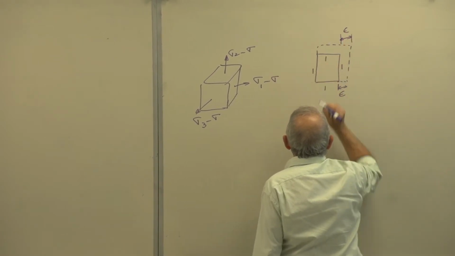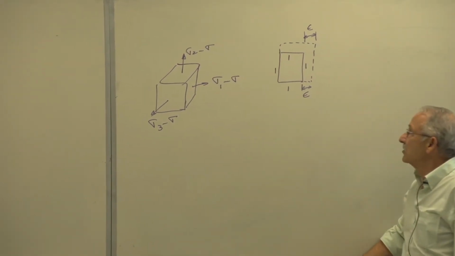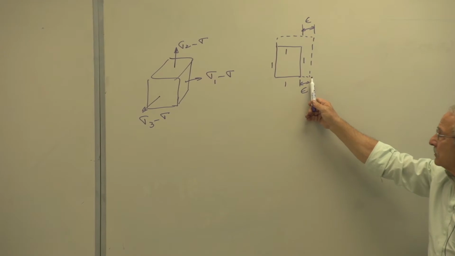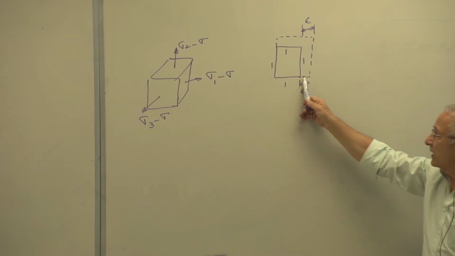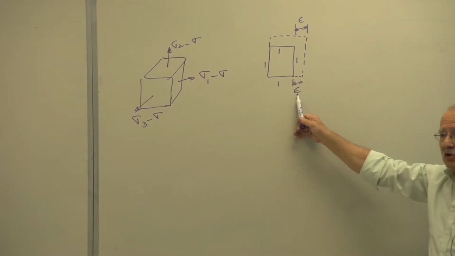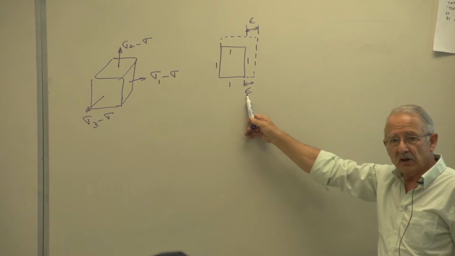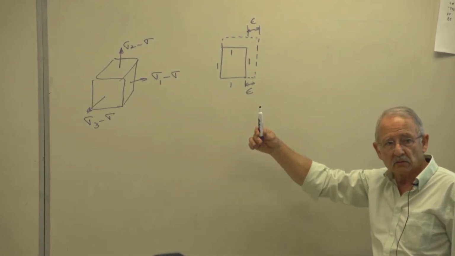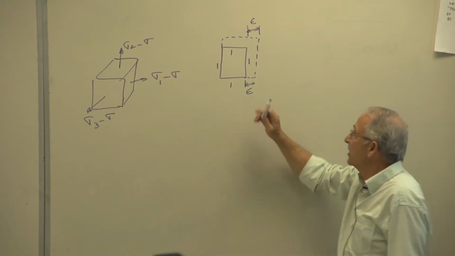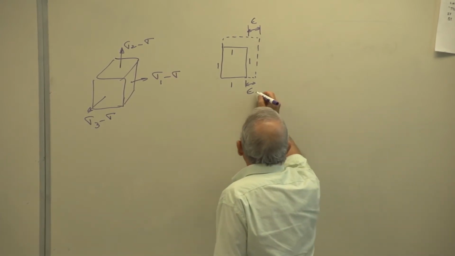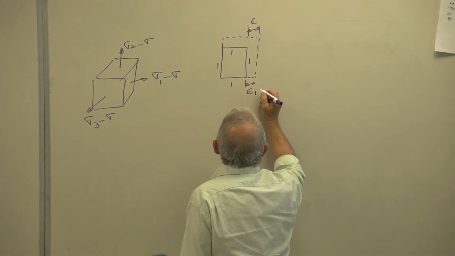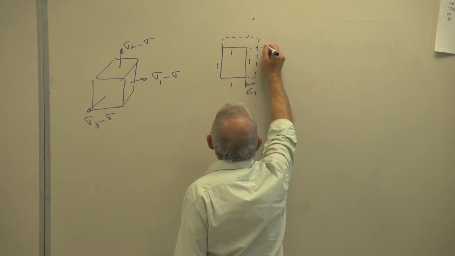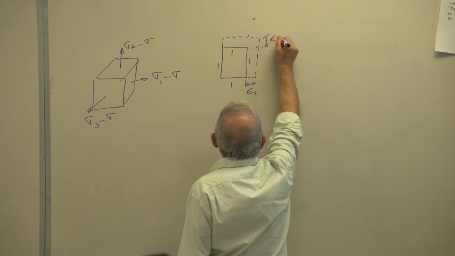All of these sides are 1, the original sides of the square. Whatever change of length I have must be equal to the strain, because strain is change of length divided by original length, and the original length is 1. So that's a strain. I'll call this epsilon 1. Oops, I marked both of them the same, sorry about that. That's epsilon 2.